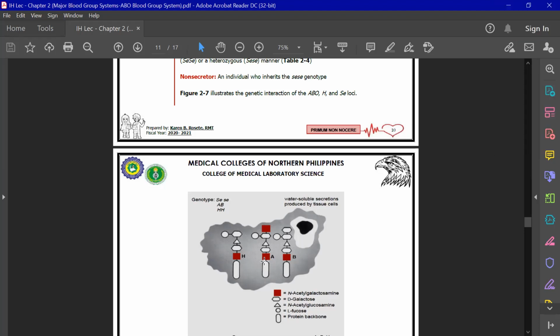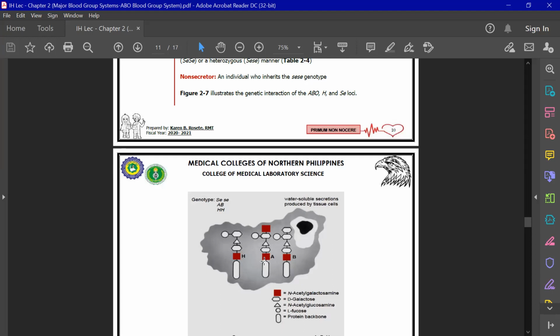Yes. Pag po sa A-soluble, ma'am, ang magiging precursor po is yung H-soluble structure po. Ang magiging precursor structure mo, anak, in the formation of your H-soluble antigen would be the type 1 precursor substance. Ay, A-soluble?